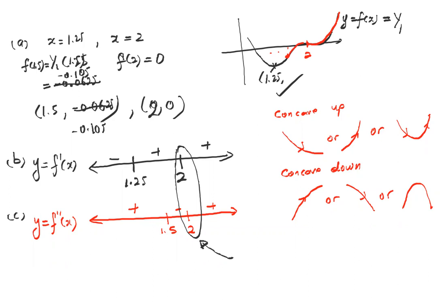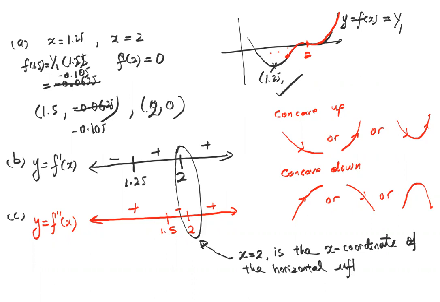So x equal to 2 is the x coordinate of the horizontal inflection point of y equal to fx.